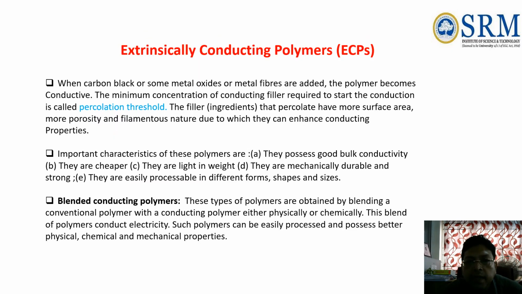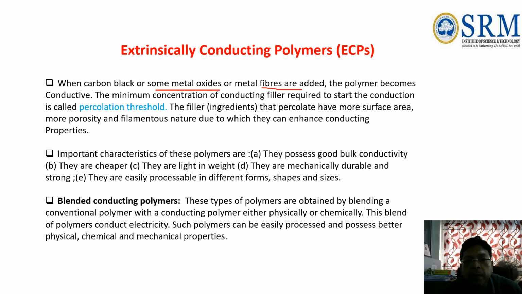In extrinsically conducting polymers, when carbon black or some metal oxides or metal fibers are added, the polymer becomes conductive. As I said before, the polymer is not conducting, but when it is mixed with conducting elements such as metal oxide or fibers, it becomes conductive in nature.